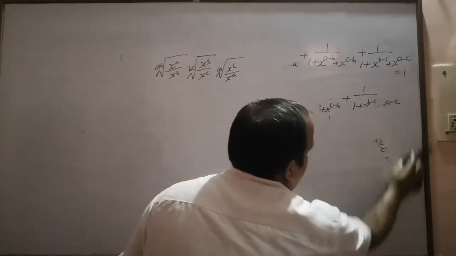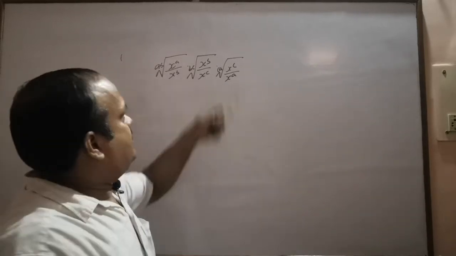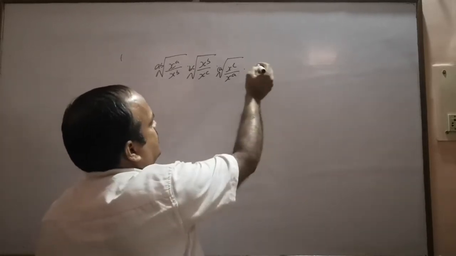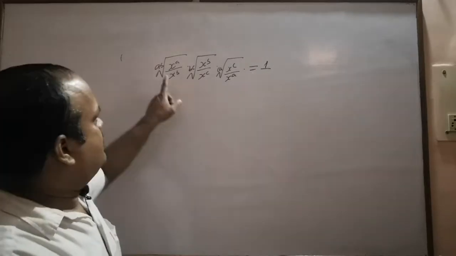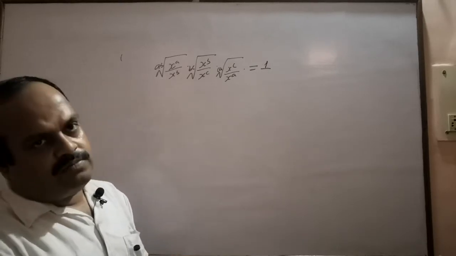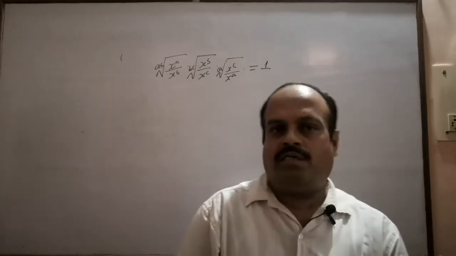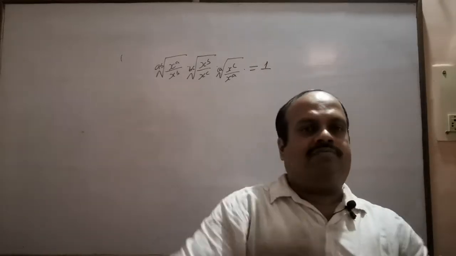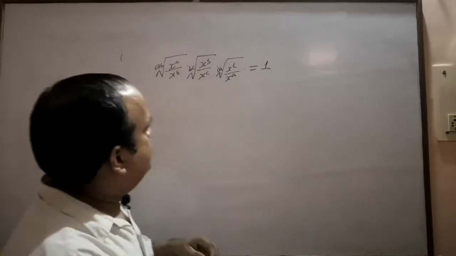I hope you know that in this product each of the terms is written in surd form. All these three numbers are in surd form. I hope you know how to change these surd forms to exponential form. If not, I will explain you.